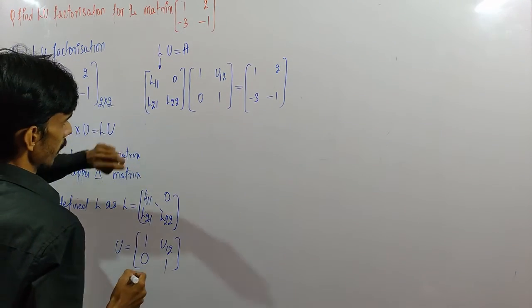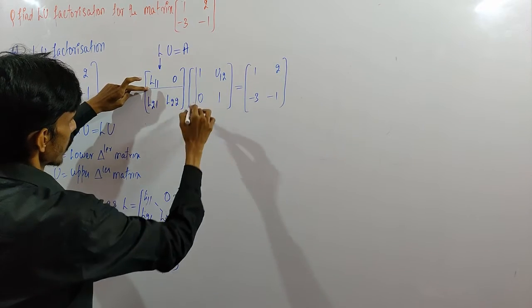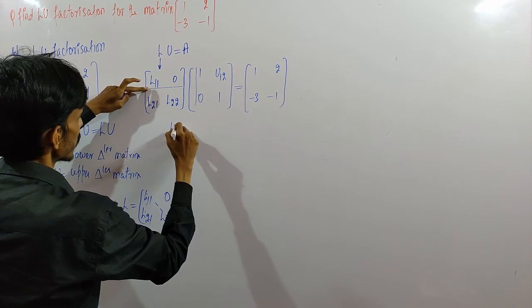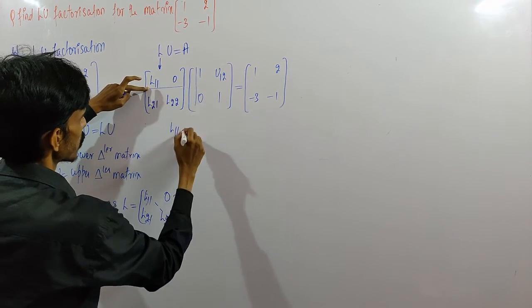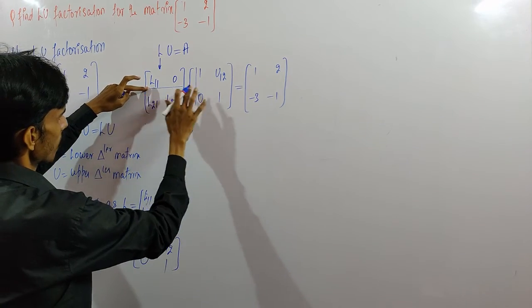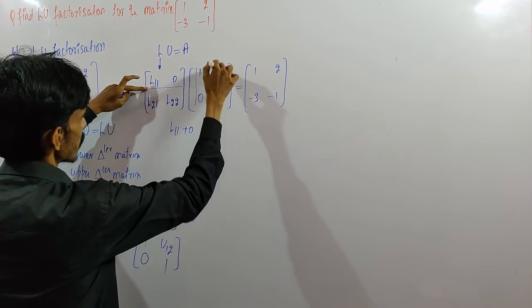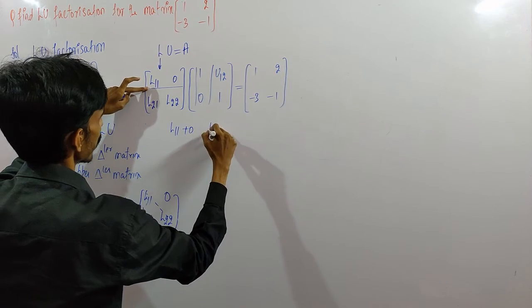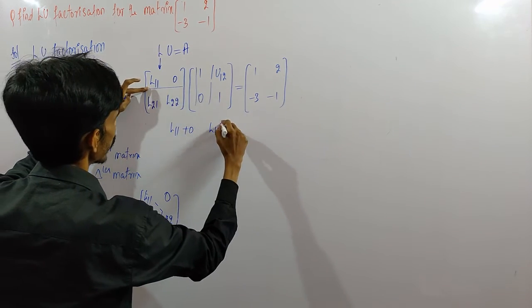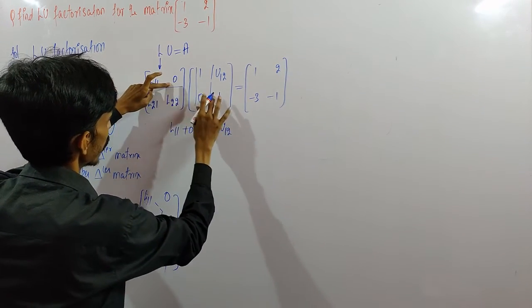Now multiplication of matrices: first row, first column, L11 into 1 is L11, 0 into 0 is 0. Now first row, second column, L11 into U12 plus 0 into 1 is 0.